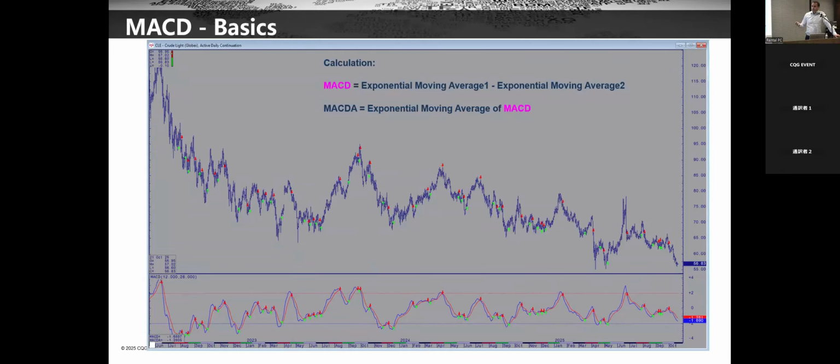And it's quite popular, even though we're taking two moving averages, which already imply some delay in the reaction of the indicator, and we're further smoothing it with another moving average on top of that.